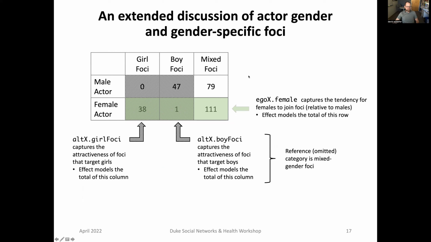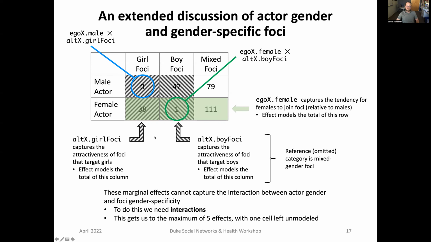That's a reasonable place to start. We're getting at differences in actors based on gender, and differences in whether some kinds of activities are more popular than others. But that doesn't get at this right here. We're not capturing this interaction, where boys don't join girls' activities and girls, for the most part, don't join boys' activities. So to do this, we need to specify an interaction.